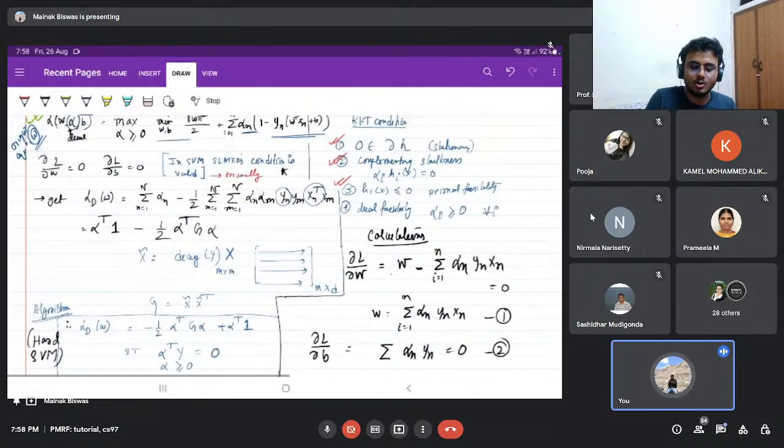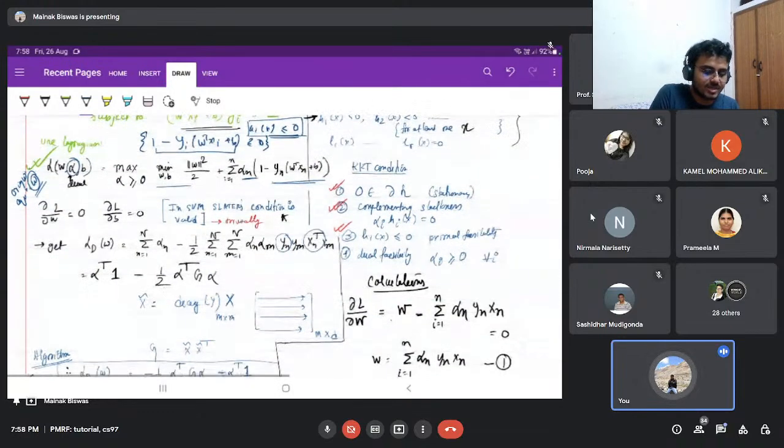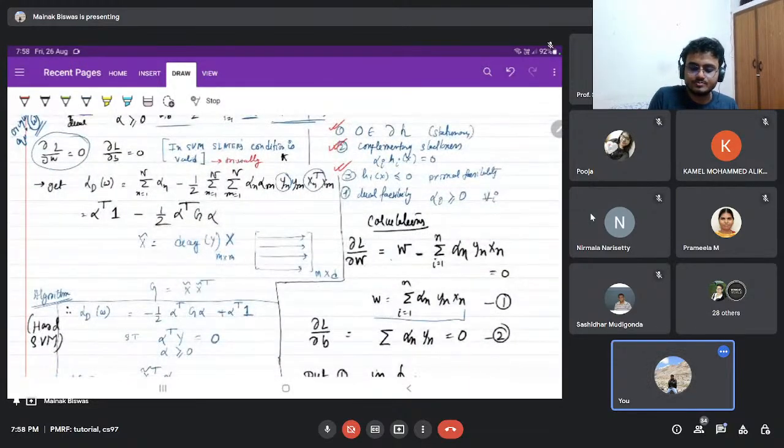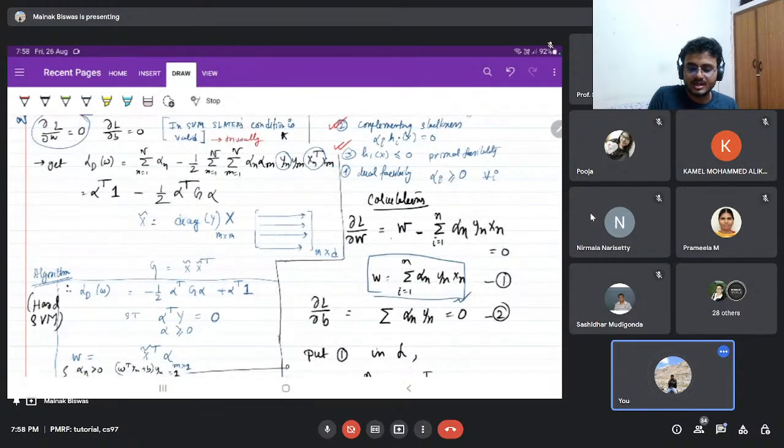I will take the derivative with respect to w and put it to 0 and find the value of w. That turns out to be this. And I'll take the derivative with respect to b and put it to 0. That turns out to be this.